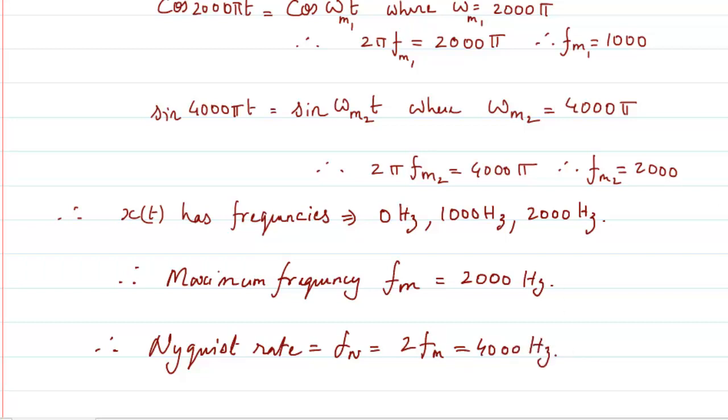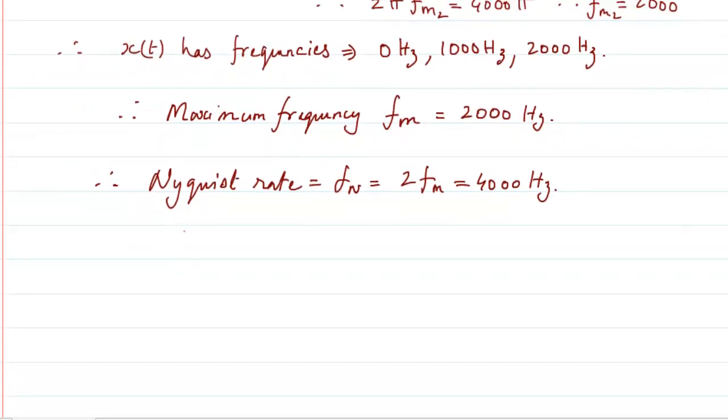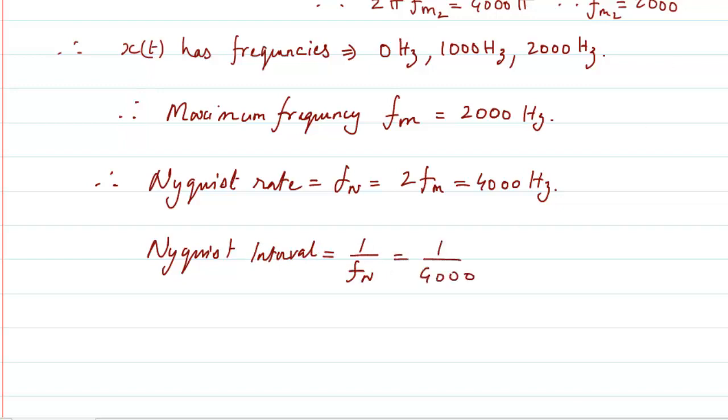So we have to use a Nyquist rate of 4000 Hertz. And if I am trying to find the Nyquist interval, which is 1 by Fn, it is going to be 1 divided by 4000, which comes out to be 0.25 into 10 raised to power minus 3 seconds, or 0.25 milliseconds.